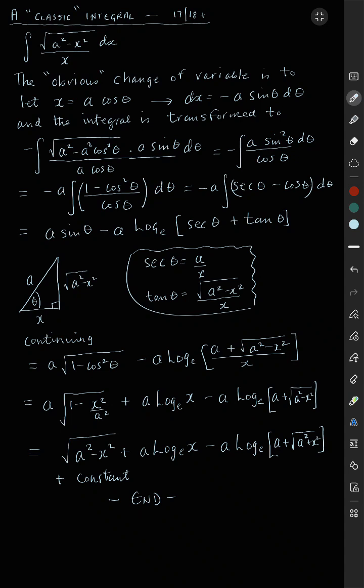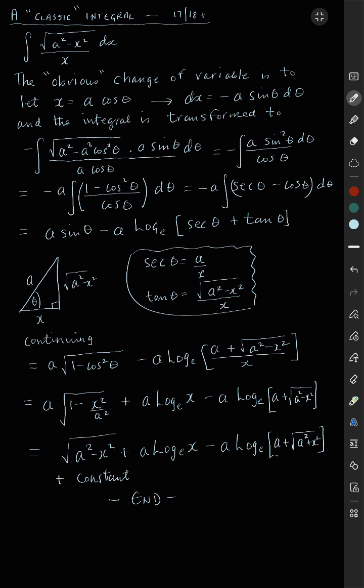And then continuing, the a sine theta can be written as a times the square root of 1 minus cos squared theta, and then minus a log to base e, and then replacing sec theta and tan theta, first of all by a over x, and secondly by the square root of a squared minus x squared over x. And I've written that all over a common denominator, x.